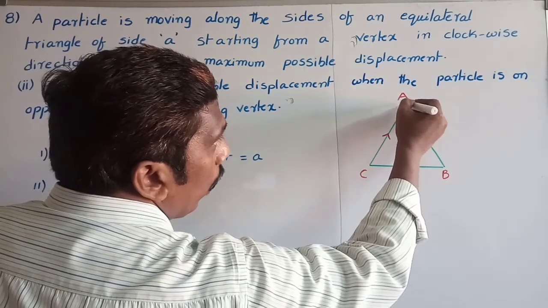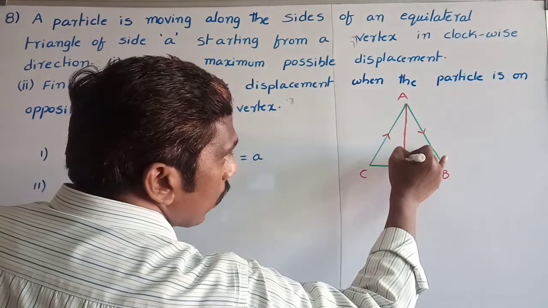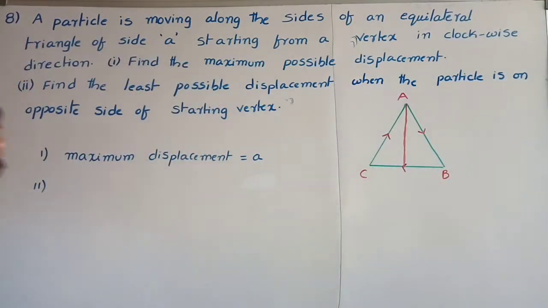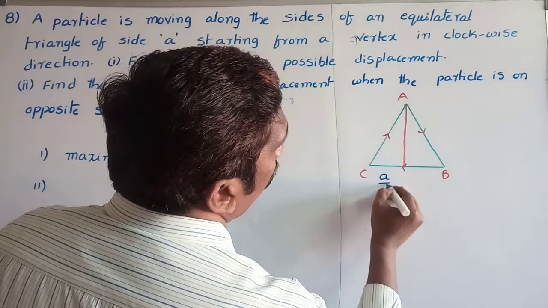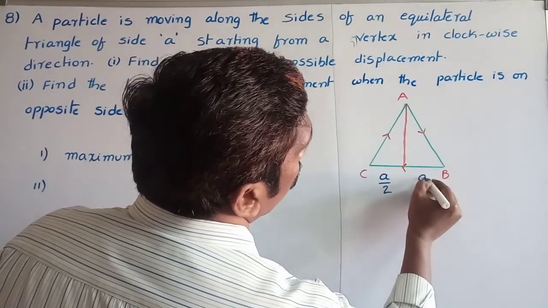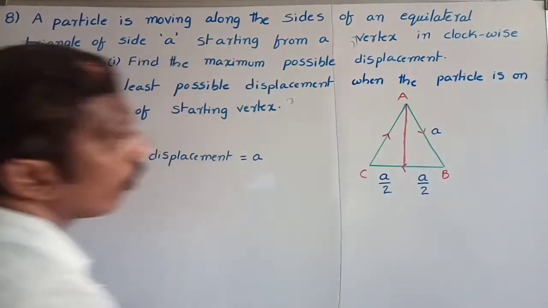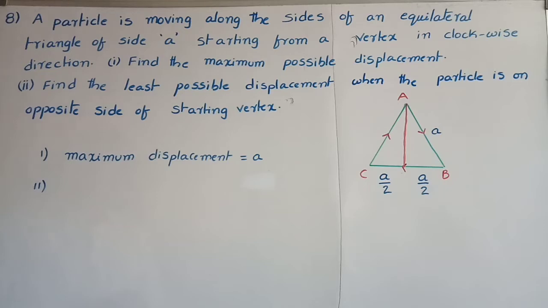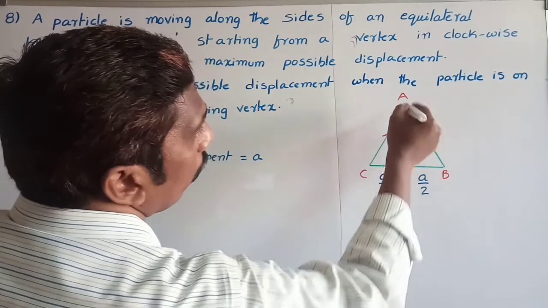If you draw a straight line from A to the midpoint of the opposite side, it divides this side into two equal parts. So each part is a by 2, and we know this side is equal to a. Here the midpoint is taken as D. AD is the least possible displacement here.